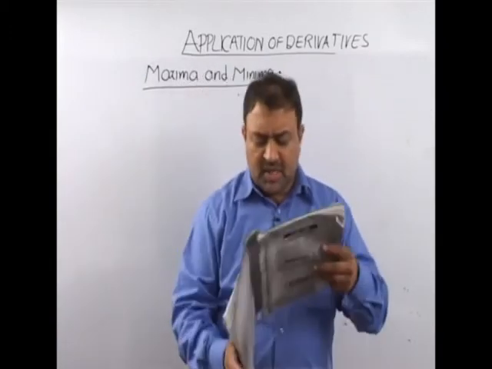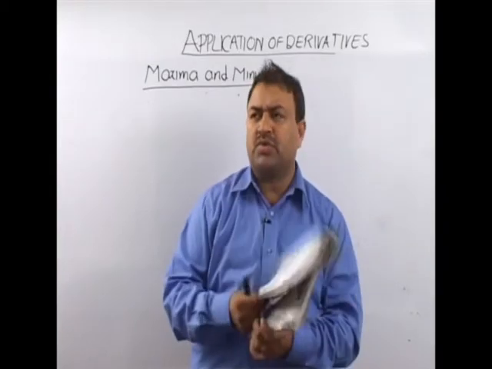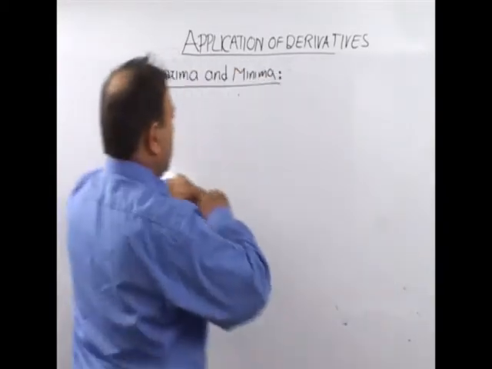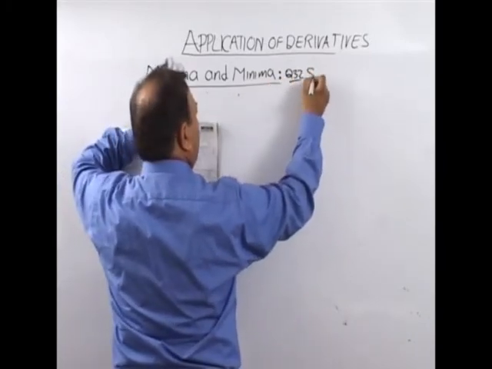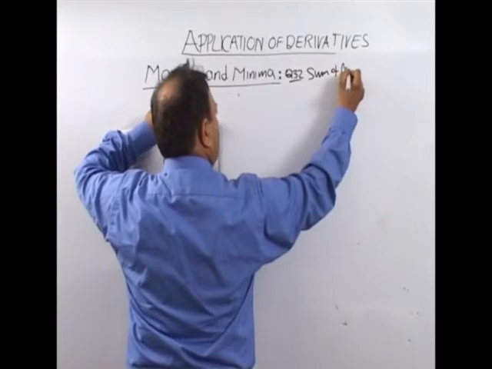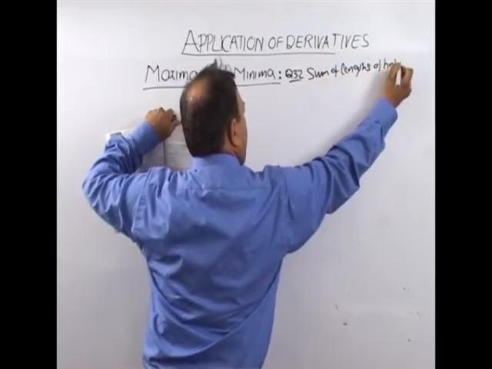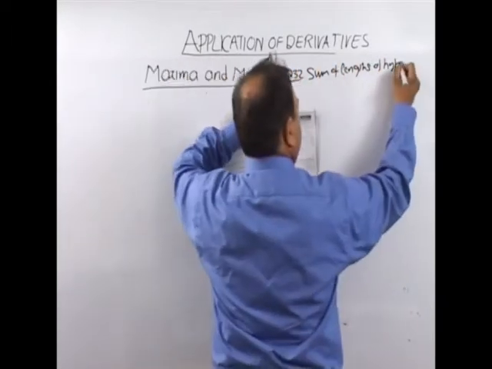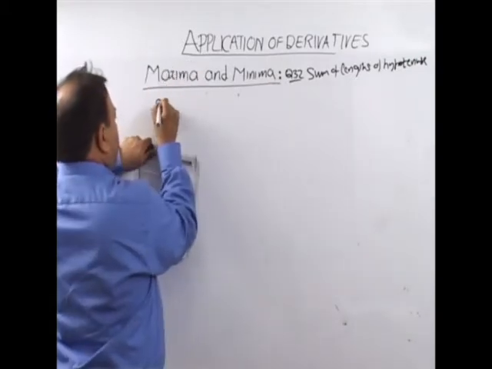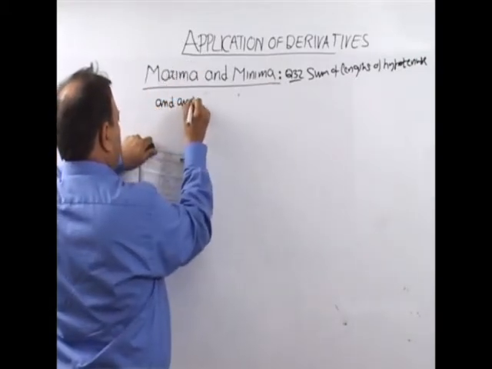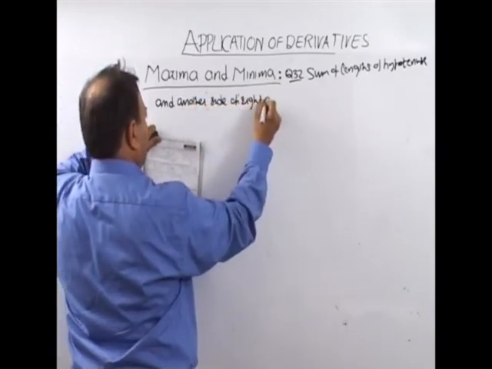Now I'm just coming to the next question. After 31st I'm coming to 32nd question of our booklet. The question number 32: the sum of length of hypotenuse and another side of right angle triangle is given.